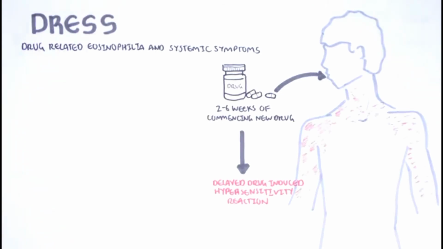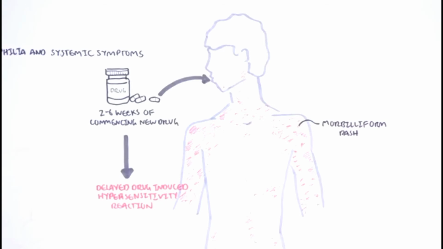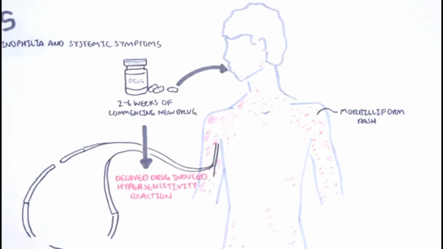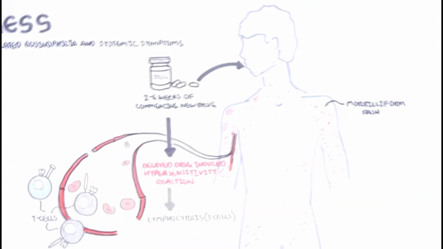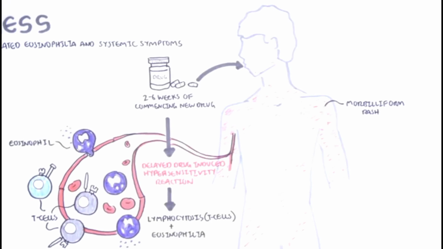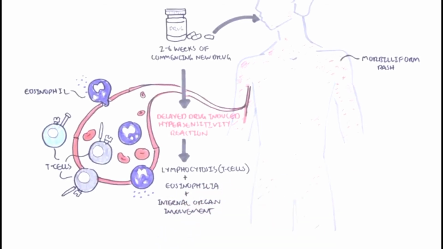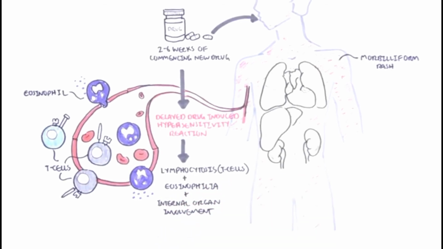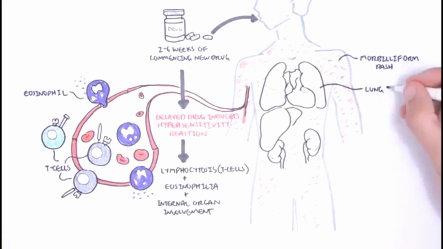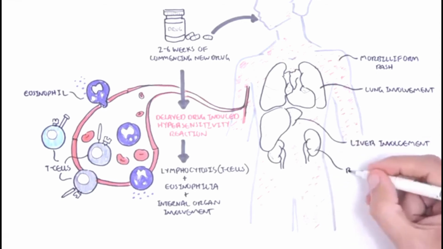It is characterized by skin eruption, looking like a morbilliform rash, hematological abnormalities, such as atypical lymphocytosis, eosinophilia, hence the name, and internal organ involvement, including the lungs, liver, kidneys, as well as other organs not mentioned.